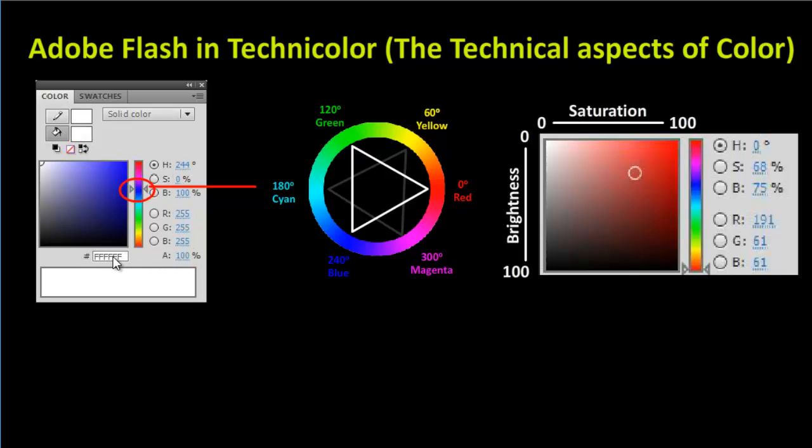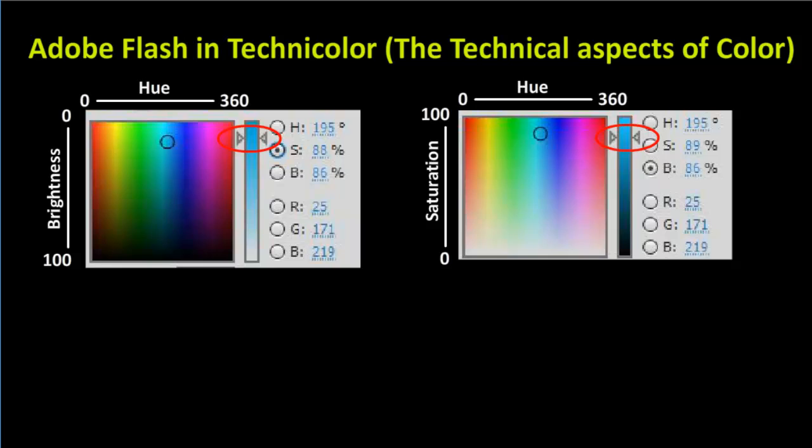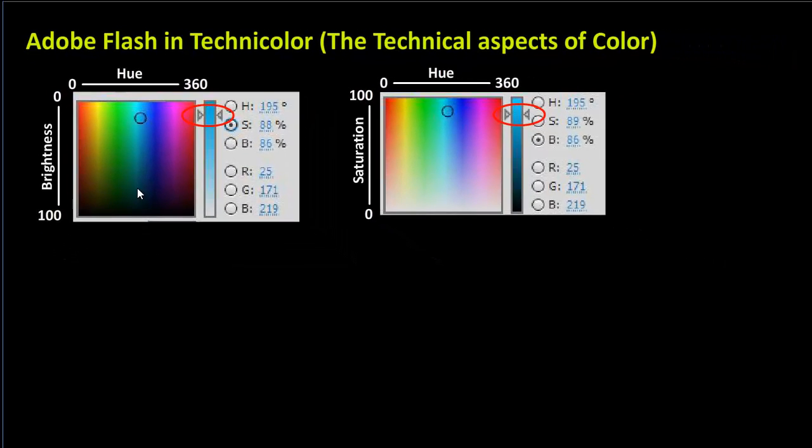These are all tied together. So if I change one value, everything else will change. I can also choose to work with this model focusing on the saturation as my slider, or brightness as my slider, in which case I can choose a hue or saturation, or if I'm doing saturation I can choose a hue or brightness level in this panel over on the left hand side.